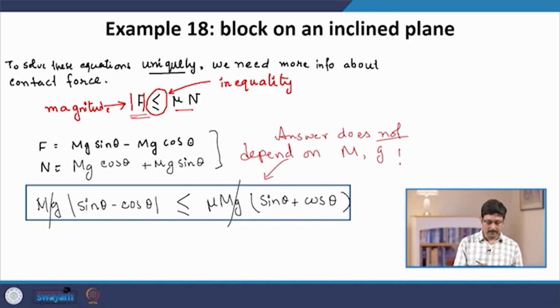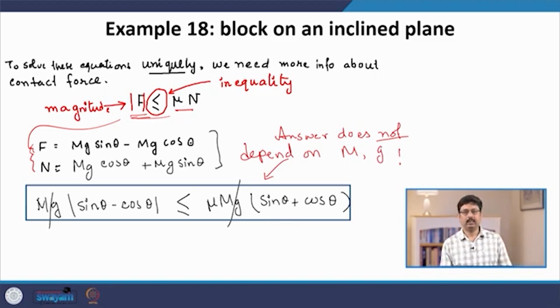So, if I plug in these two expressions and combine with Coulomb's law of friction, we get an inequality, using the modulus sign to represent magnitude, that the magnitude of friction is less than or equal to mu times the magnitude of the normal force. That gives a range for theta, because the frictional force varies from 0 to mu n, that is why theta is not unique.